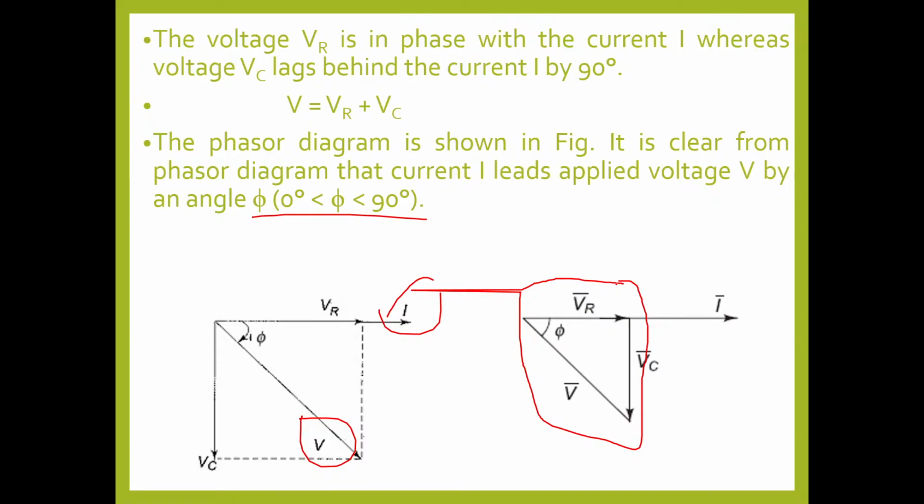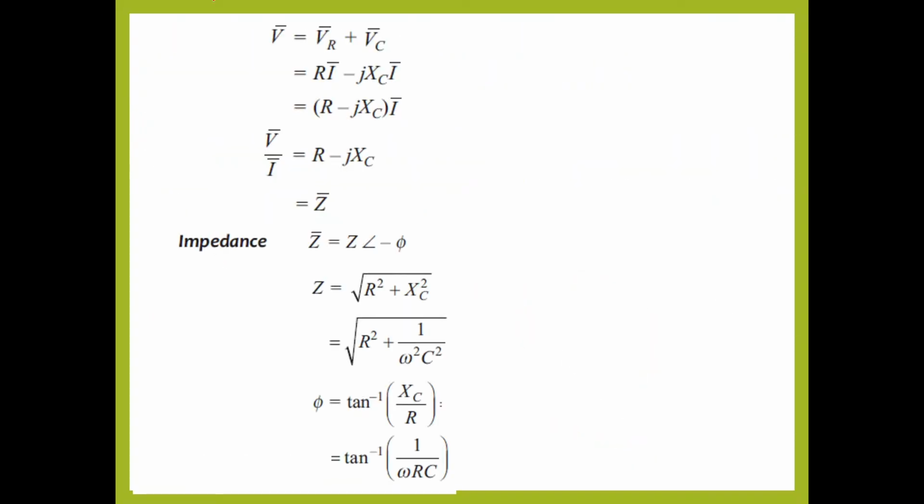Now let us consider the vector equation. V equals VR plus VC. VR is nothing but I into R, and VC is nothing but j XC into I. So why did we write minus here? You can even write plus.